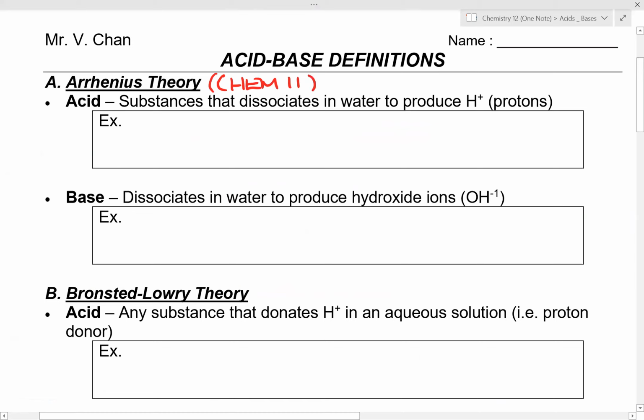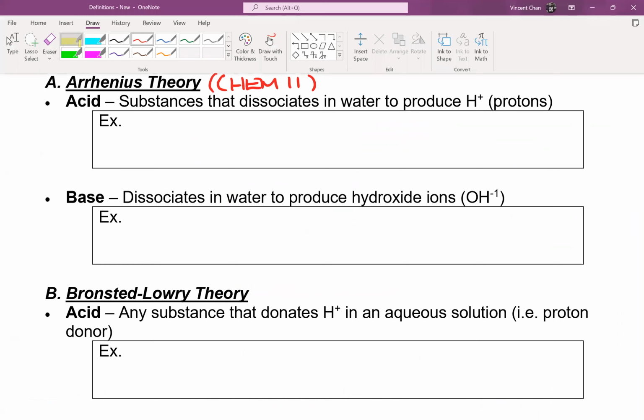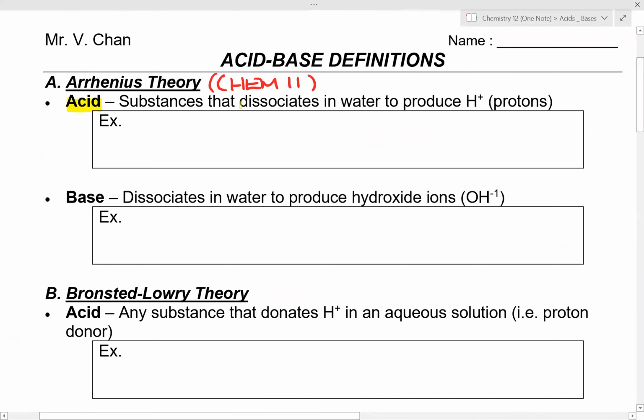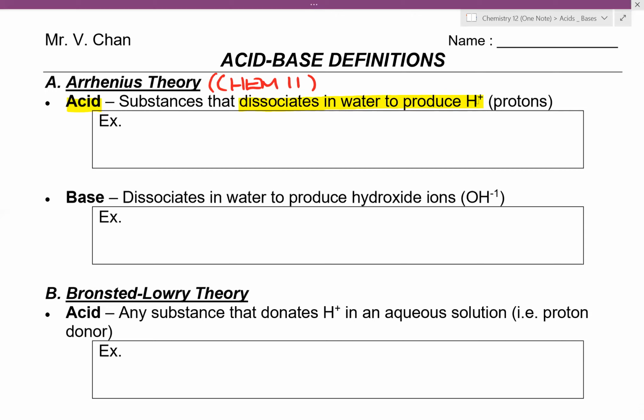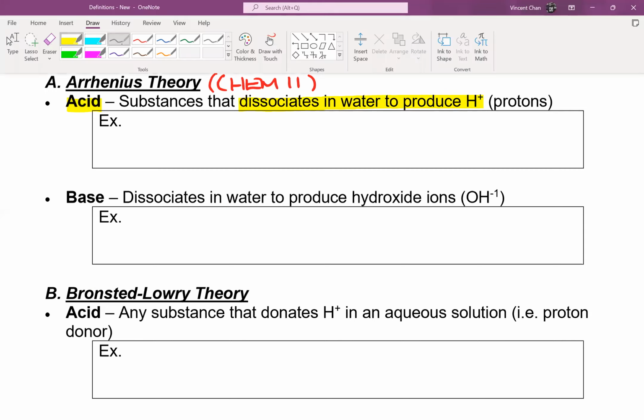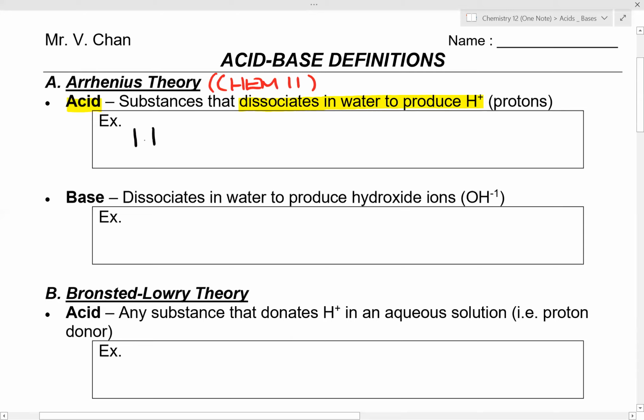Okay, so in the Arrhenius theory, an acid is a substance that dissociates in water to produce H plus. Another term for H plus is protons. So what you did back in grade 11 is you'd say HCl is an ionic compound, so it breaks apart to H plus and Cl minus 1.